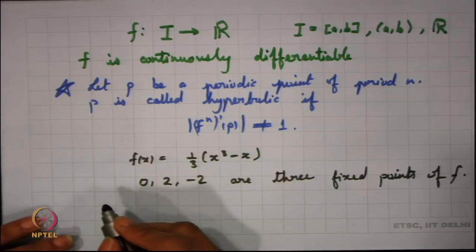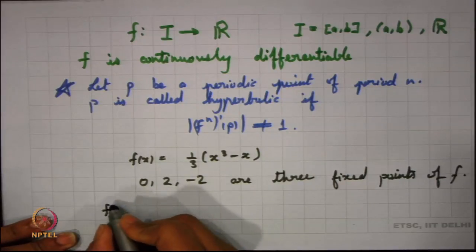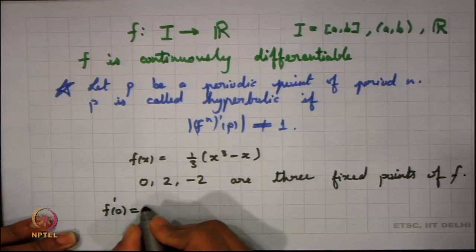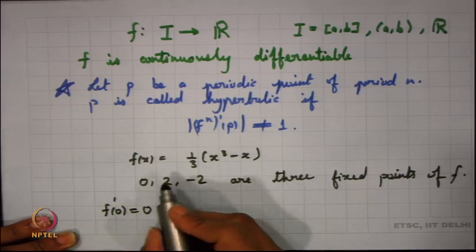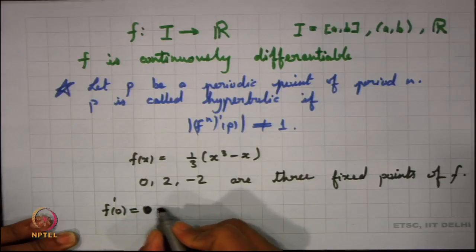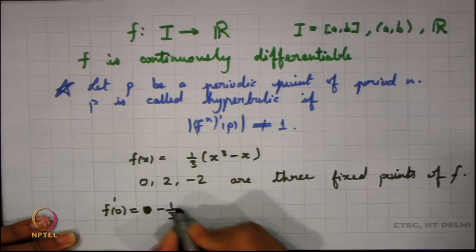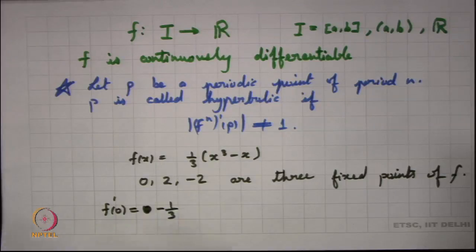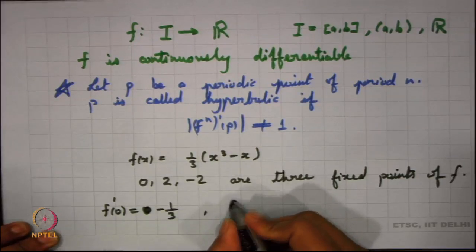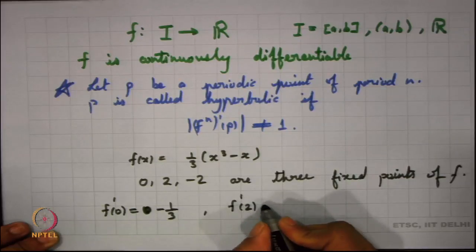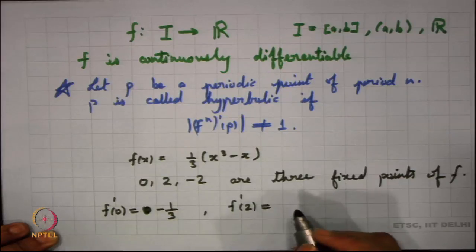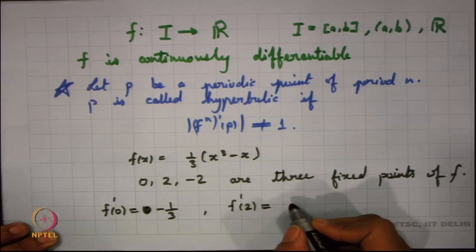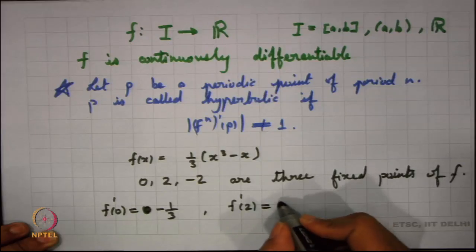So, if we look into f prime of 0, is it exactly 0? What is f prime of 0? Well, I think it is minus 1/3. f prime of 0 is minus 1/3. If we look into f prime of 2, it happens to be equal to, is it 11/3?